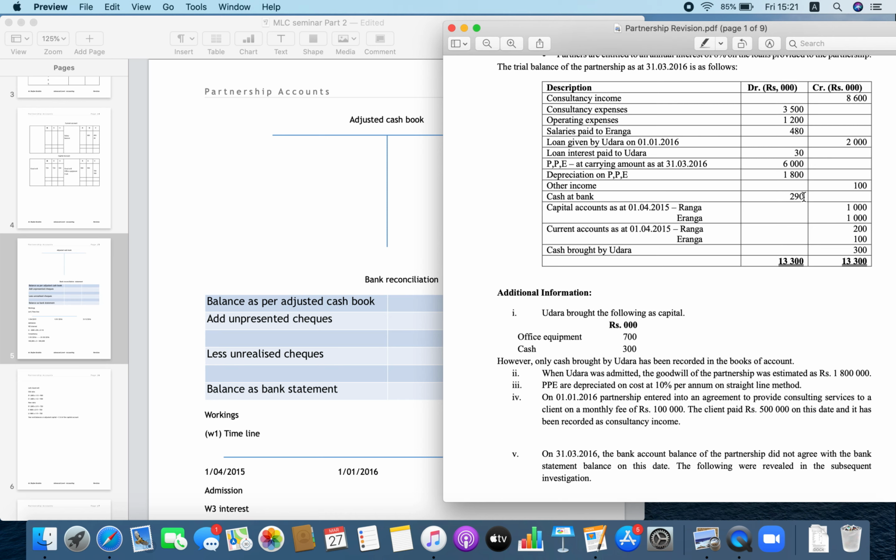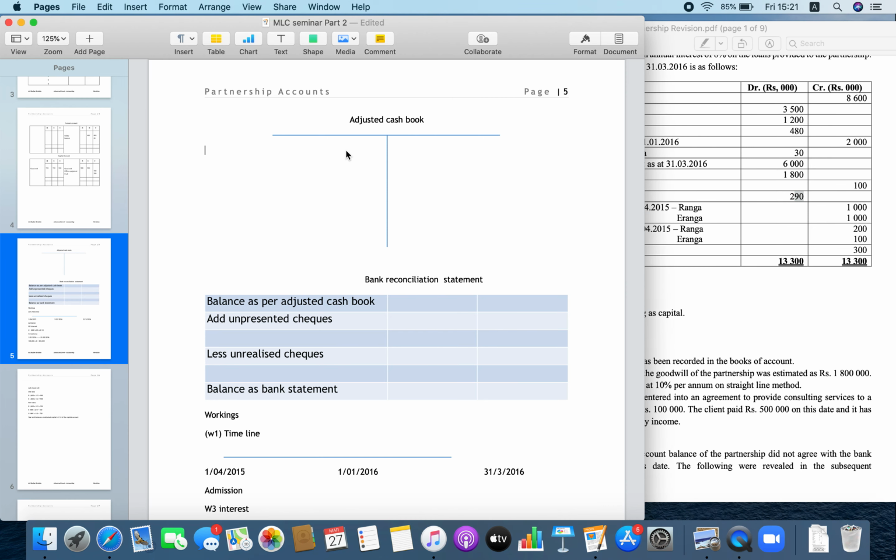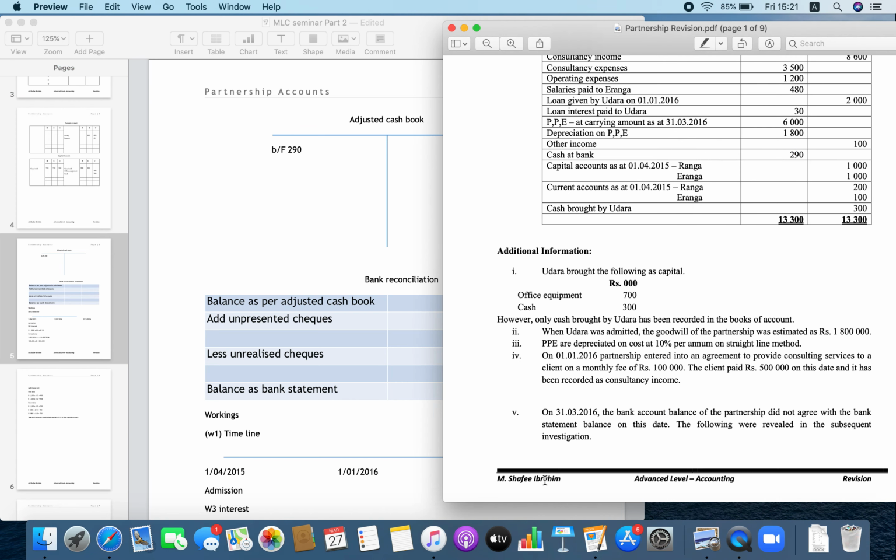Please copy that in your adjusted cash book as balance brought forward, 290. Right, so I'll continue from where I stopped in the last video.